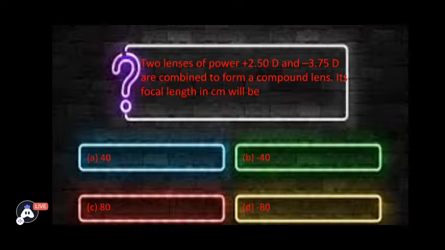If we are talking about the combined power, I'll help you understand how to calculate it. You have two powers: the first is 2.5 diopter and the next one is minus 3.75 diopter. How will you calculate the combination of these two?